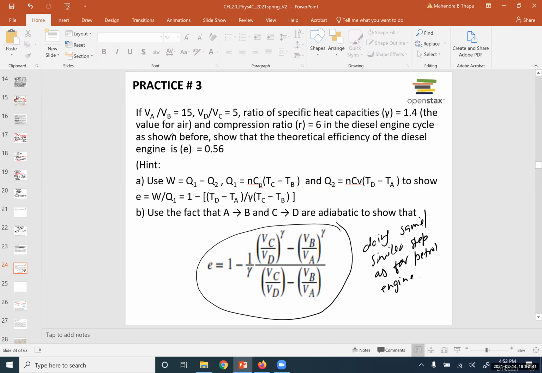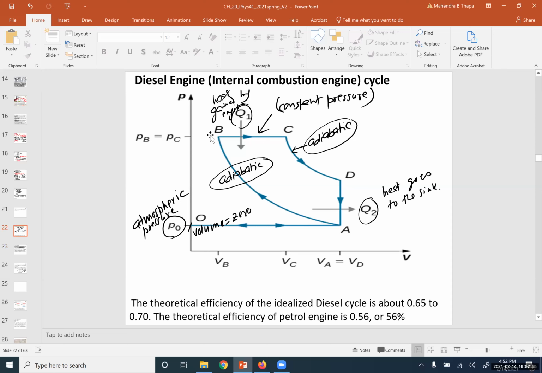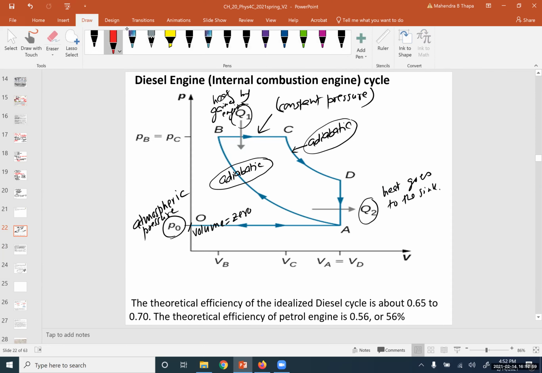You have to use the concept of A and B. Means you have to use how to find the work. Means you have to find Q1 and Q2. So in this case, Q1 and Q2 represent this situation. So Q1 is basically equivalent to QH, and Q2 is the same, only the symbol is different, so it is QC.